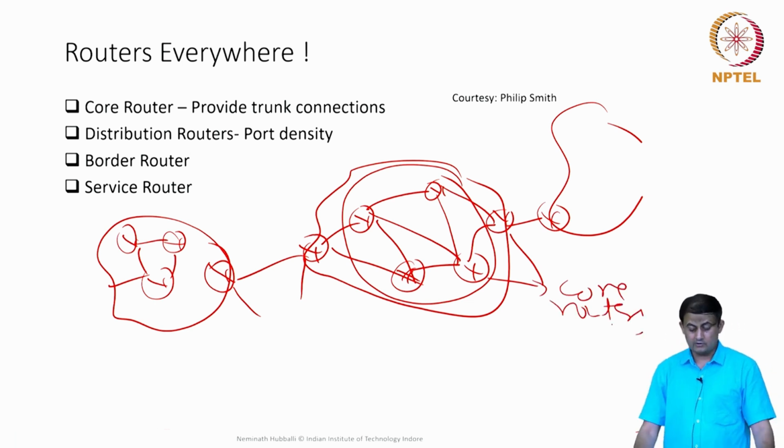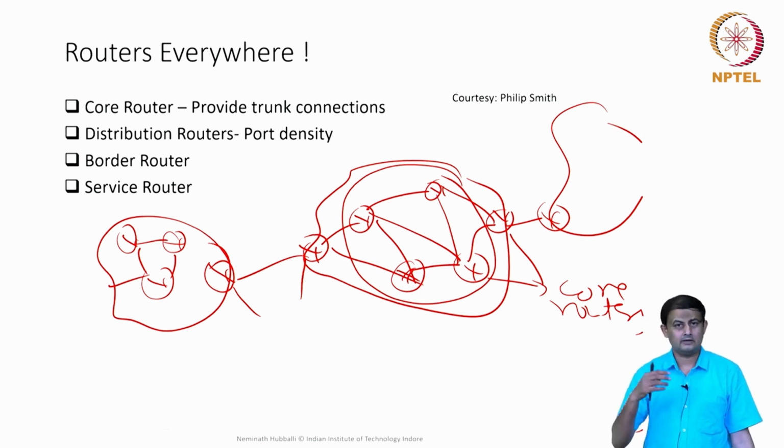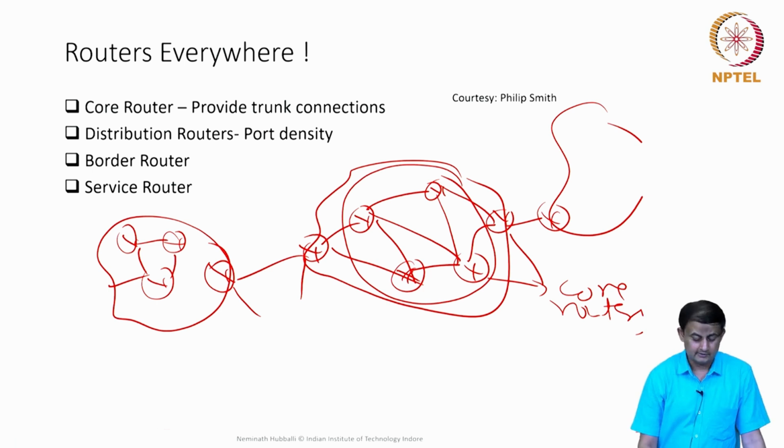And again, core routers also need to handle a large quantum of traffic, but on the other hand, I might take a connection from this router and bring it to another router, from where multiple users or subscribers are connected.